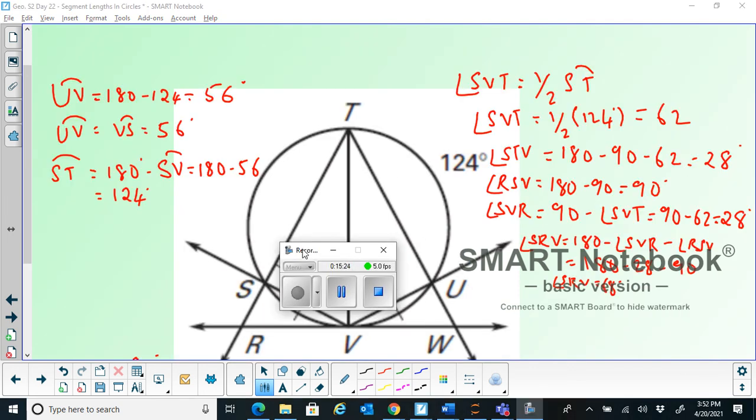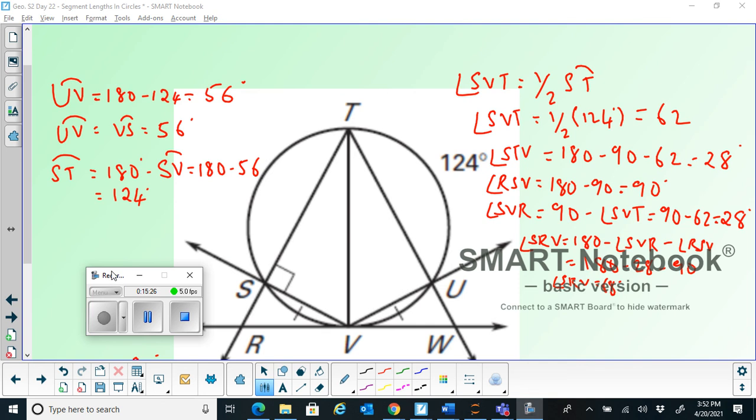Okay, let's take a look at the solution of this particular problem. Here I have TUR given as 124 degrees. So I can find UV, which is going to be 180 minus 124, which is 56 degrees.